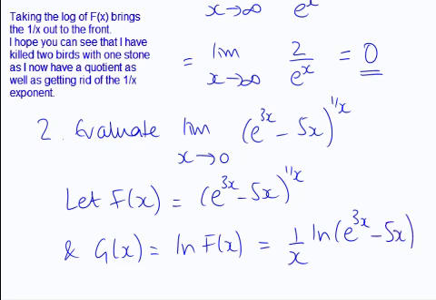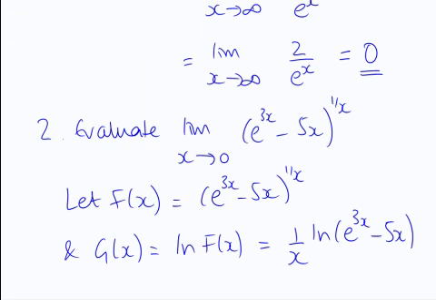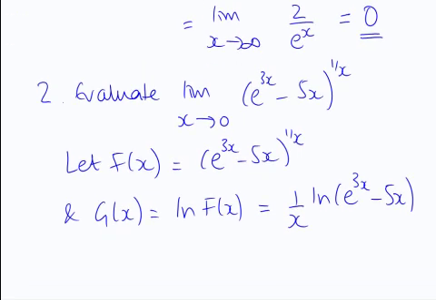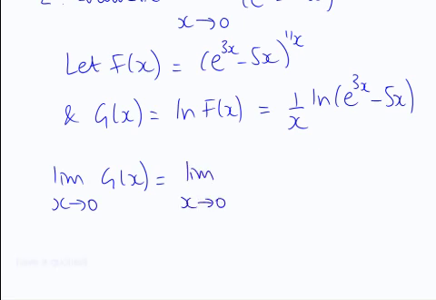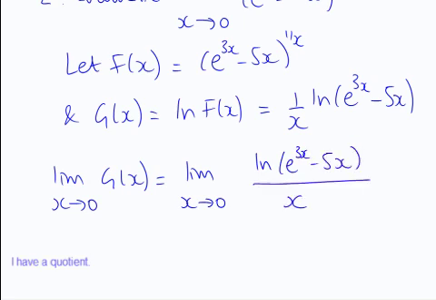I've now ended up with a quotient, as well as getting rid of that 1 over x in the exponent. So I'm now going to find the limit as x tends to 0 of g of x. And after I've done that, I'll look at how I can use that to find the limit of f of x. So what I have here is a quotient, ln of e to the 3x minus 5x all over x.